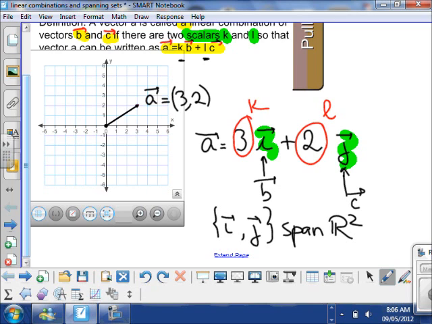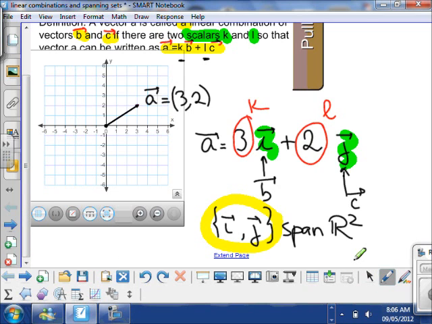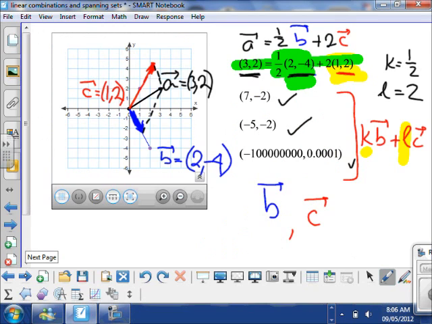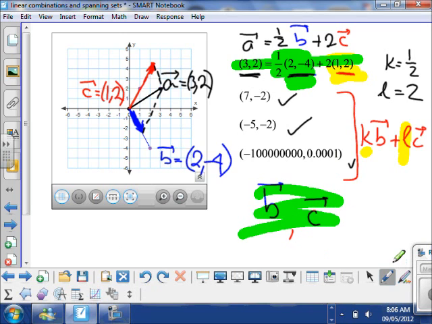That means using just i and j, I can generate any other vector in plane xy. But I can move further and say that using just b and c, these two random vectors, I can still generate, using parallelograms and linear combinations, any vector in R squared.